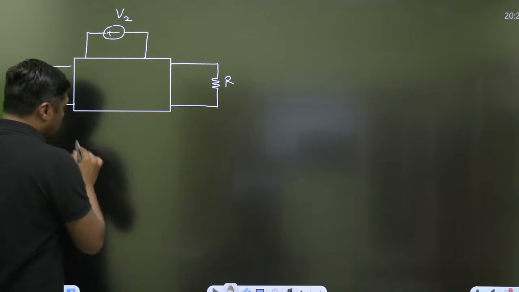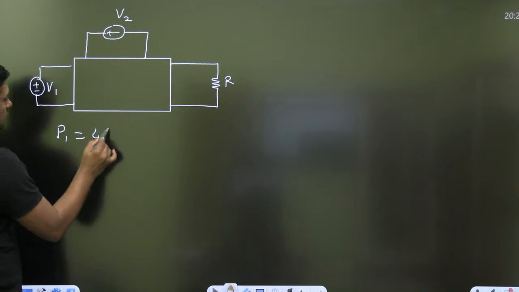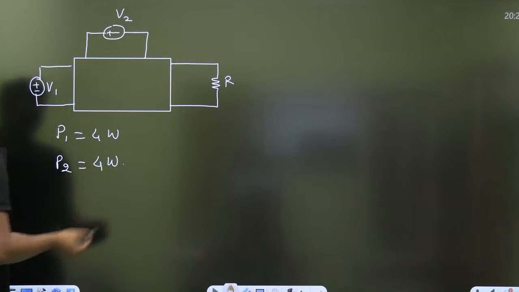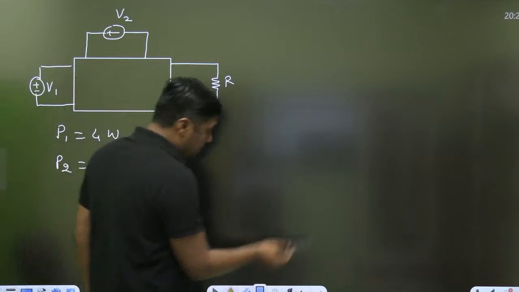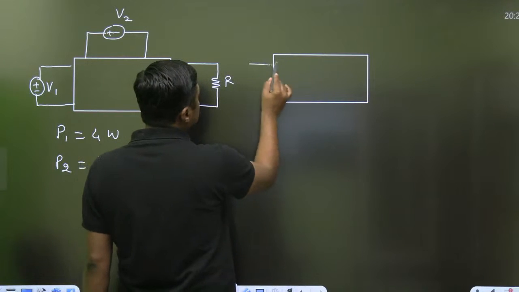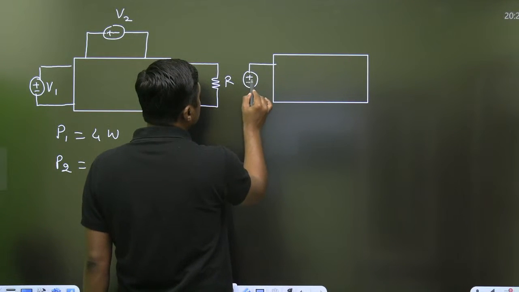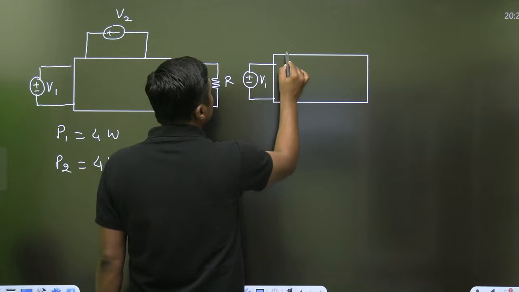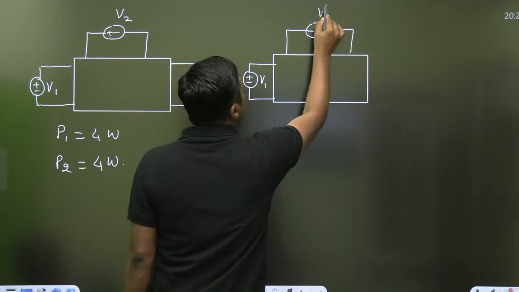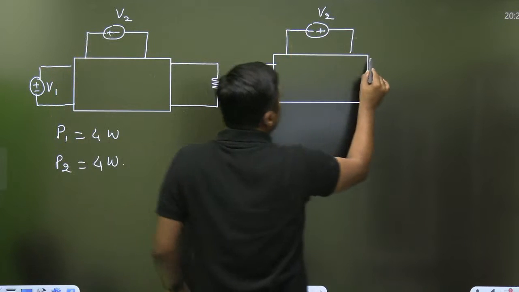Okay, no problem. P1 is equal to 4 watt, P2 is equal to 4 watt. But it may be possible that in a second situation the polarity of the voltage is reversed. We have no idea. V2, right?